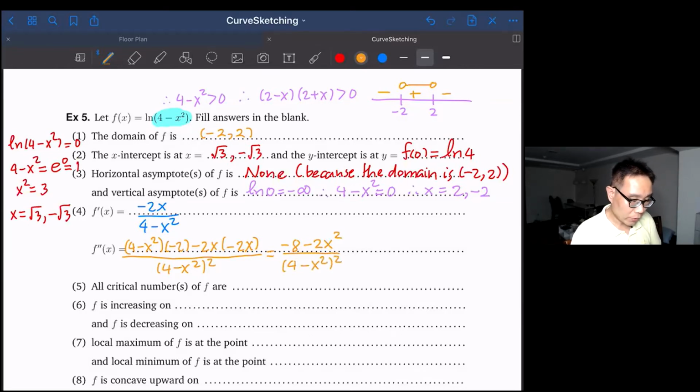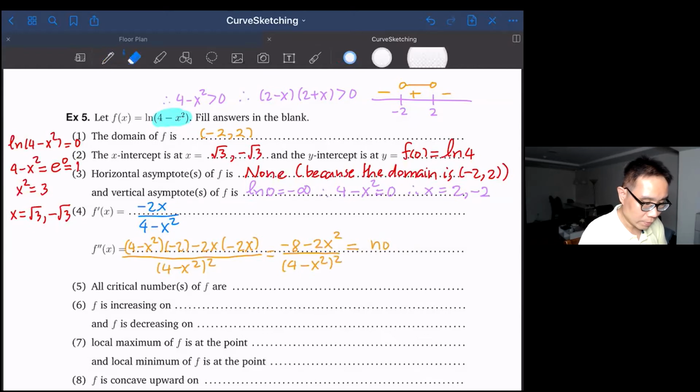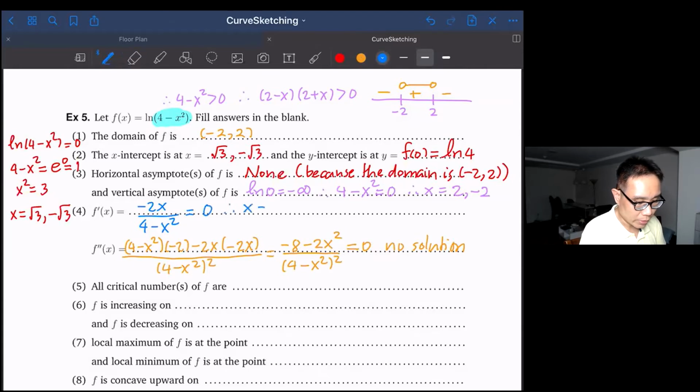Okay, so you're going to see that this one will have no solution. So if you have this guy equal to 0, it's going to turn out to be no solution. However, if you have f prime equal to 0, you would get x equal to 0. So this one will give you a solution.